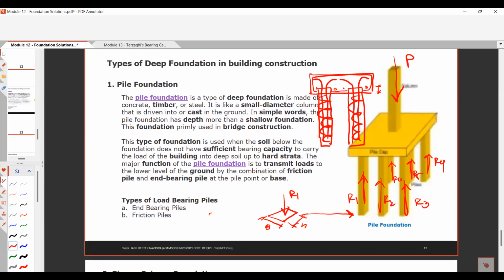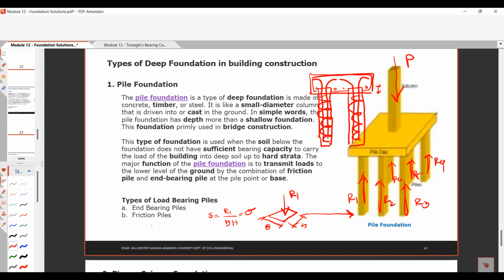Then the stress is equal to R1 over B times H, right? So this stress, you have a sigma, and compare it to the end bearing capacity of the soil or the bearing capacity of the soil at this area, at this point, is in equilibrium or capable to resist this end bearing stress.